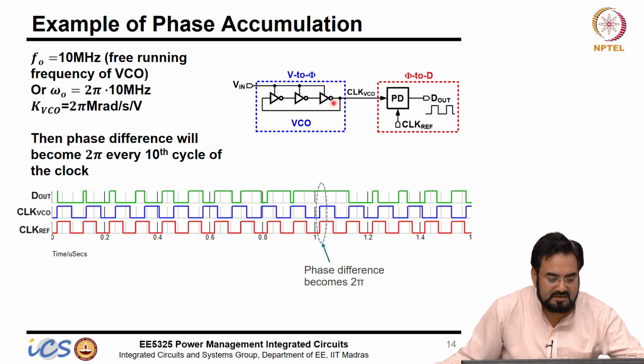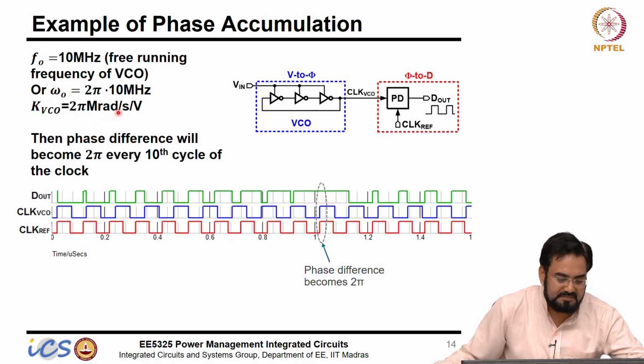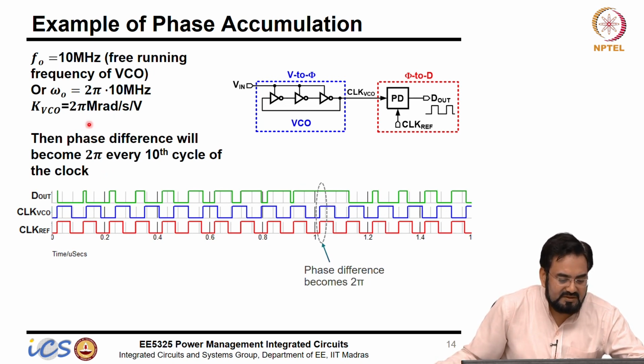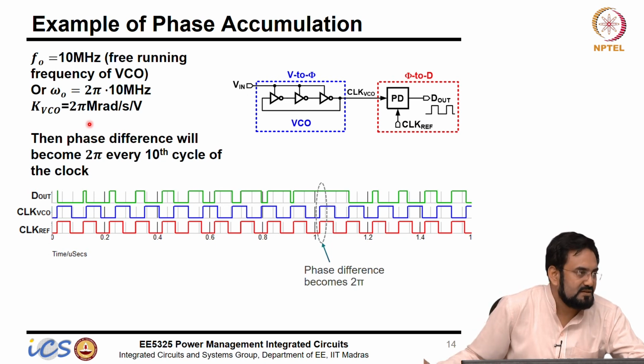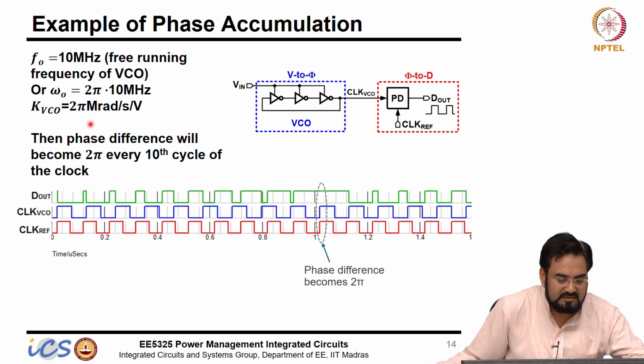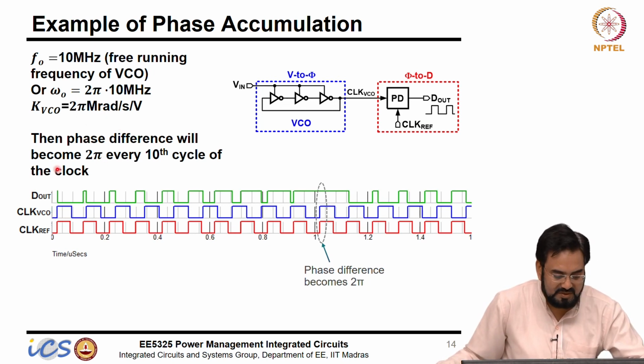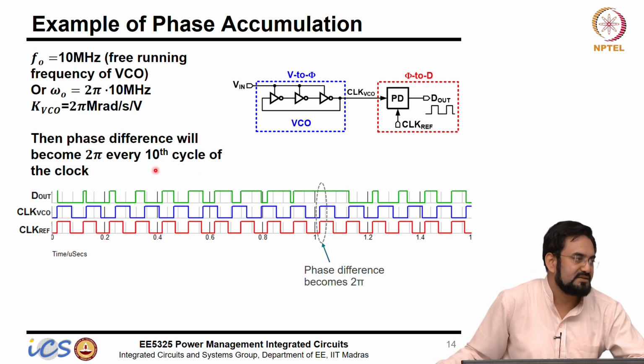So let's say the free running frequency of this VCO is 10 megahertz, which is 2 pi times 10 mega radians per second. And if KVCO is 2 pi mega radian per second per volt, which is 1 megahertz per volt, the phase difference will become 2 pi every 10 cycles.